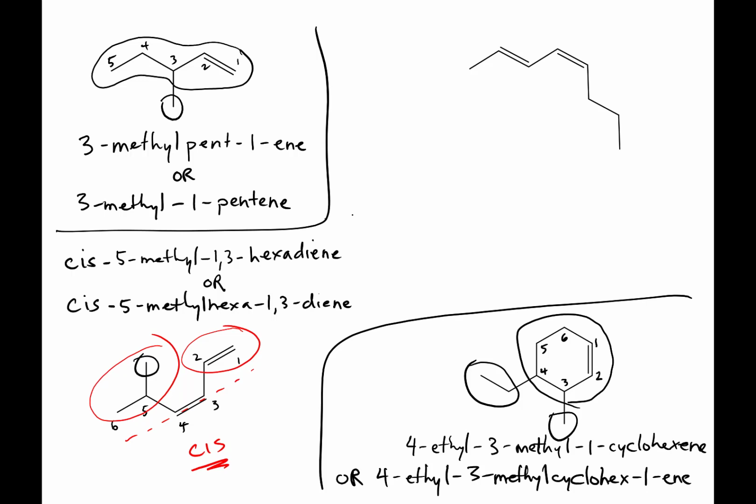Okay, now let's jump over to this last one. This last one is even a little bit more complex. Not too much. There actually aren't any substituents. The whole thing is really just the parent, and there aren't any substituents attached, right?